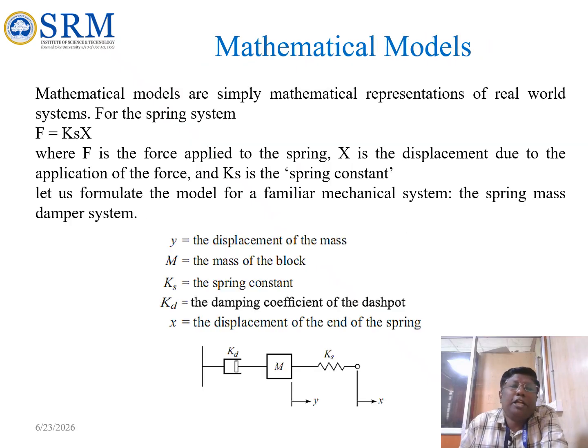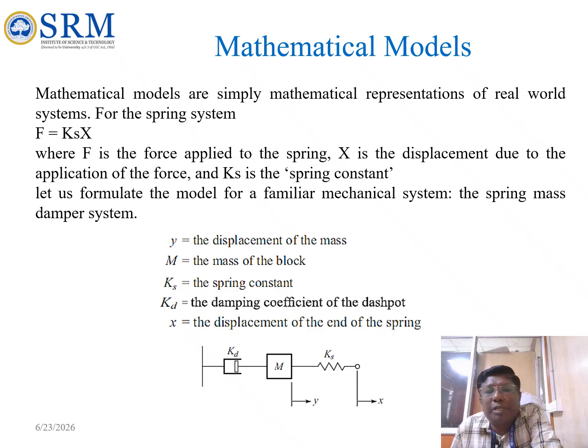The mathematical models are represented by the real world system, the spring mass system. If you look at it, this is Ks, the spring stiffness or spring constant, and X is the displacement due to the application of the force. And here we are having a damping coefficient, and X is the movement where we want the final one.